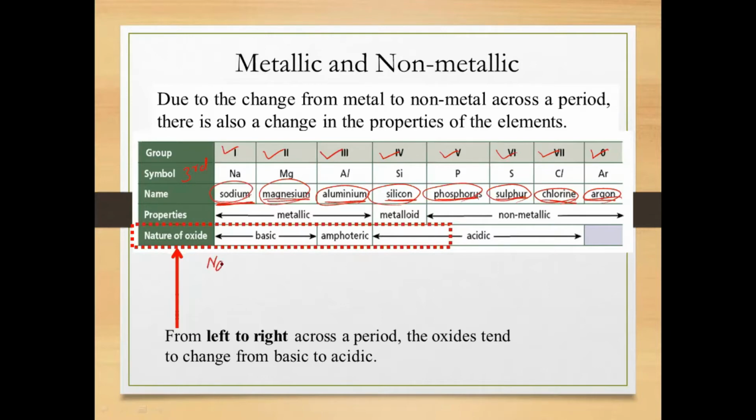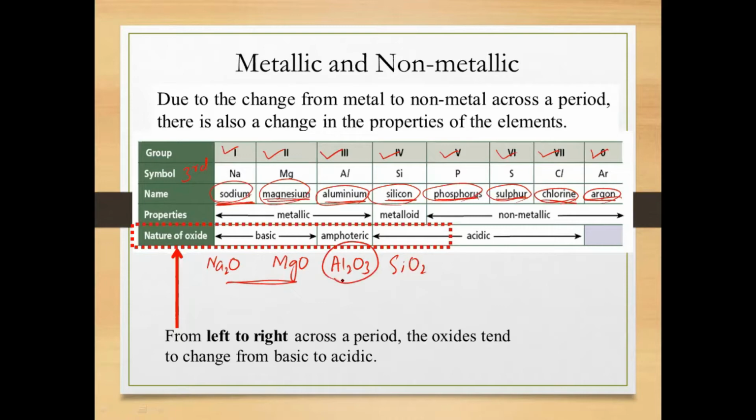Then here we have the basic, amphoteric, and acidic nature of the oxides. For example, when sodium reacts with oxygen, it forms sodium oxide. When magnesium reacts with oxygen, it forms magnesium oxide. When aluminum reacts with oxygen, it forms aluminum oxide. So these oxides of the elements of the third period have their own nature.